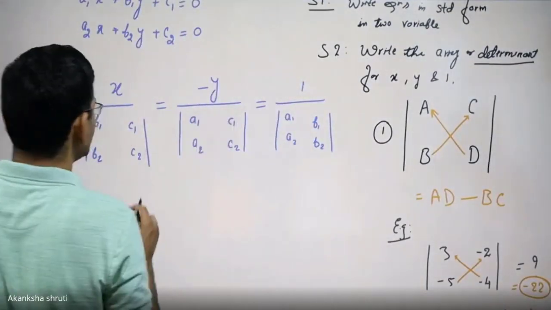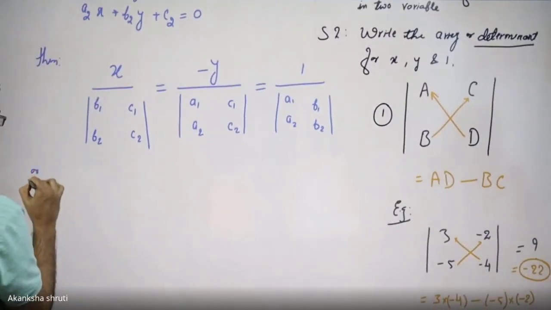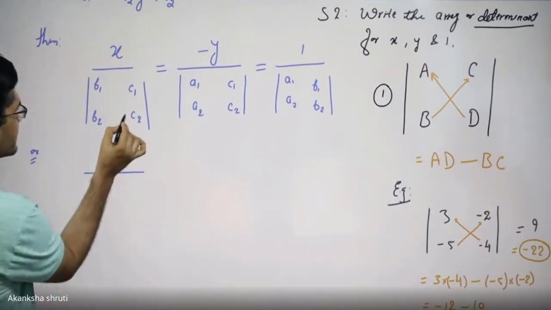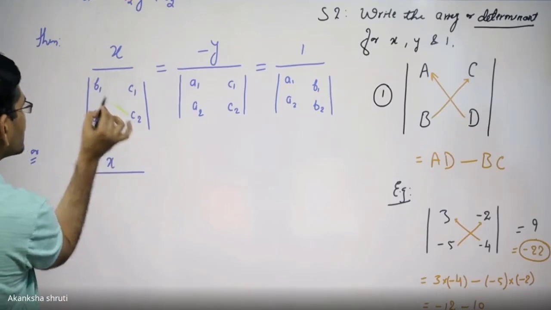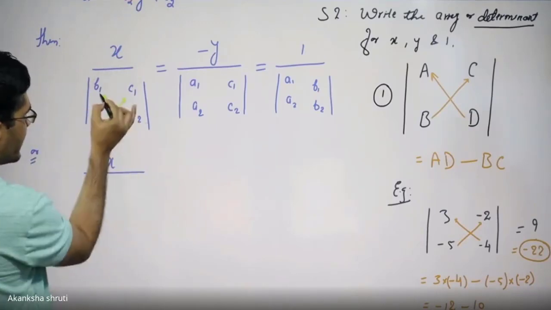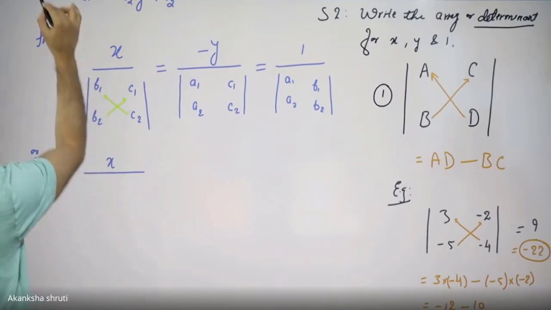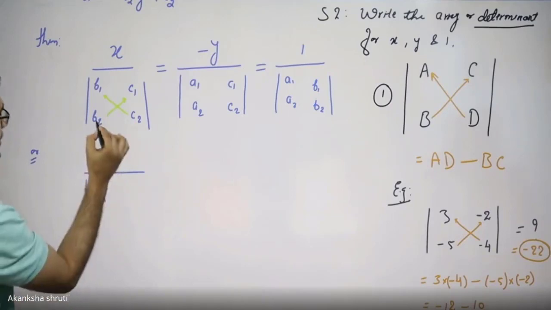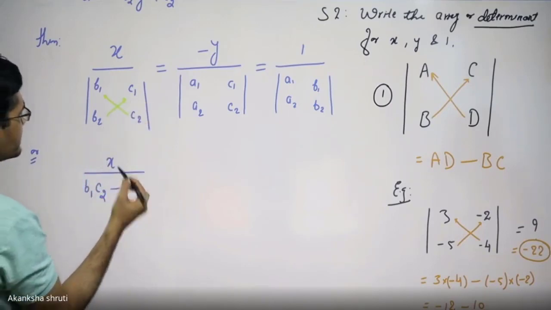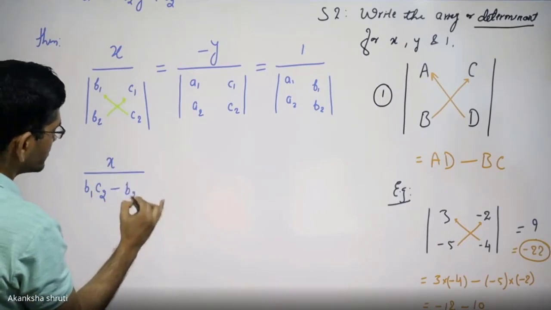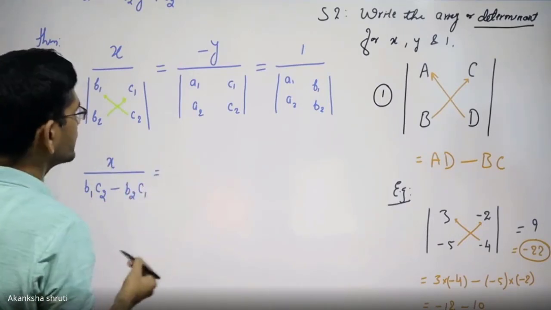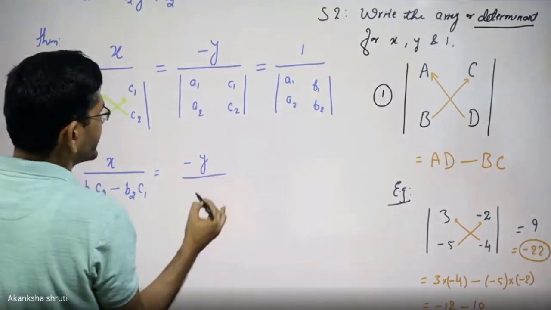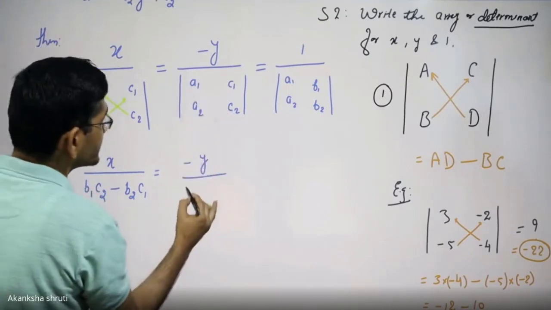So this array itself is enough. We can write like this directly, or from here we can write x. We have to go for the simplification of this matrix. Left up arrow has to be written first. So it becomes B1 C2, right up arrow with the negative sign, B2 C1, equals minus of y divided by, we can write this again.